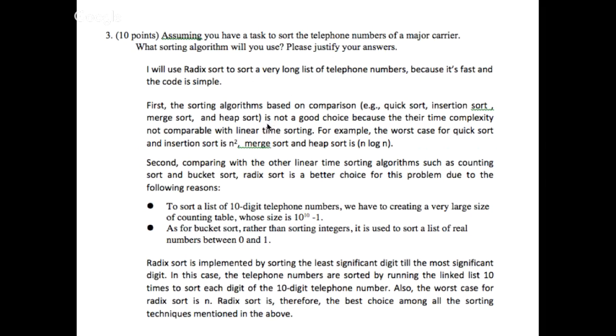We know the time cost for these sorts is either n squared or n log n, which is greater than the time cost for linear time sorting, because in linear time sorting, the time cost is n.